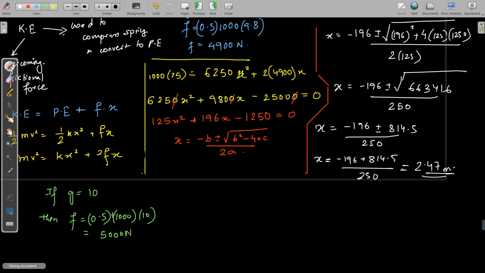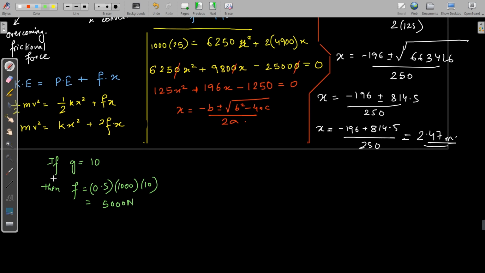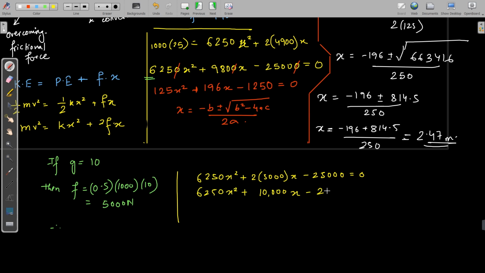times, so we would have got 5000 Newton. Now if I do the calculation with this equation, we would have got 6250 x square plus 2 into 5000 x minus 25000 equal to 0. So 6250 x square plus 10,000x minus 25,000 is equal to 0.